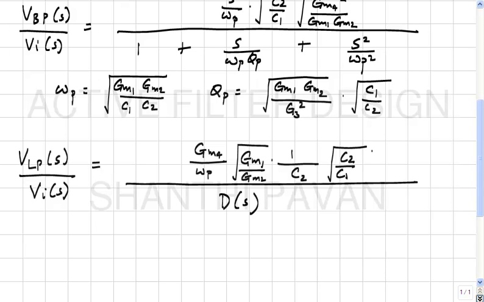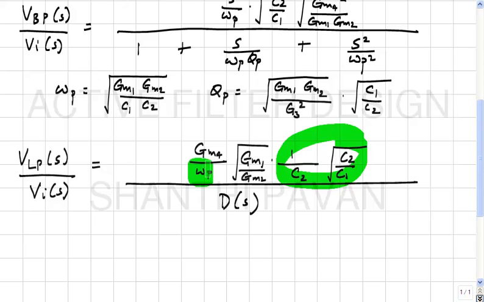And you can simplify this to 1 by root C1 C2, and in omega p there is square root of C1 by C2.